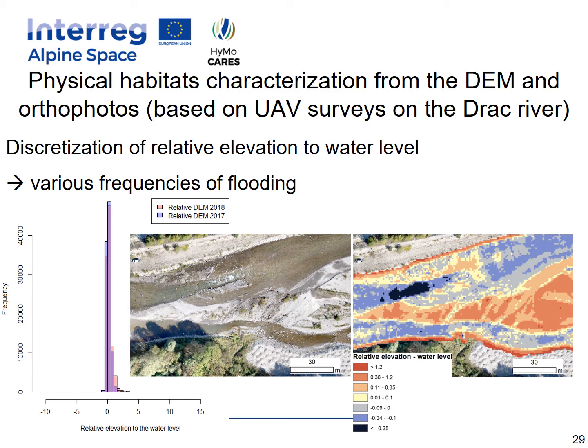As the restored ridge shows a braiding pattern, the depth of the channels is relatively low, and all the pixels showing a depth higher than 35 centimeters were grouped together.